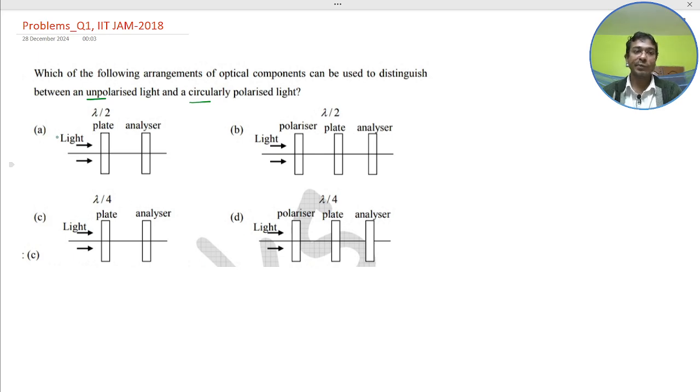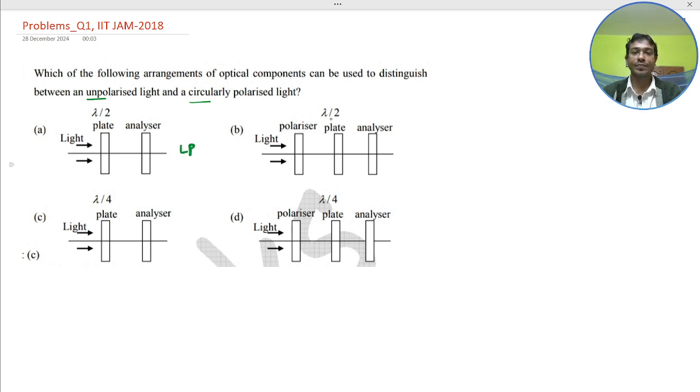So option A, plate and analyzer, lambda by 2 path difference. So here output would be linear polarized for both, because lambda by 2 plate, half wave plate. Next one, this is the linear polarized for both, LP.